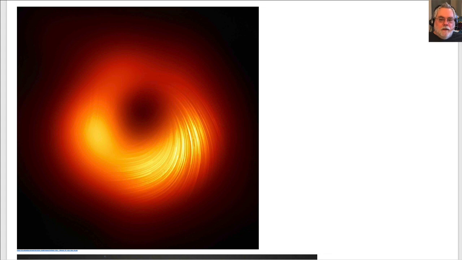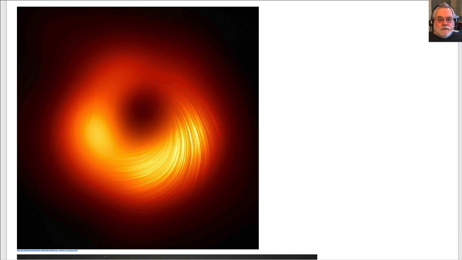This false color image was taken in polarized radio waves, not visible light, with the Event Horizon Telescope, which is a radio telescope, using very long baseline interferometry, VLBI, which has the required small angular resolution.